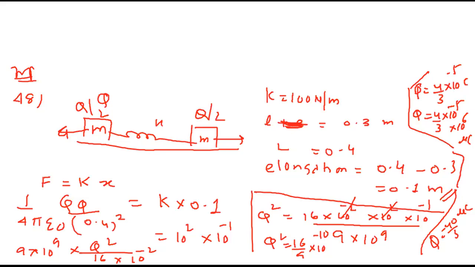Correct? No? Option will be C. Answer wrong. 40 by 3, Q is 13.31, but 13.31 is not there. No?